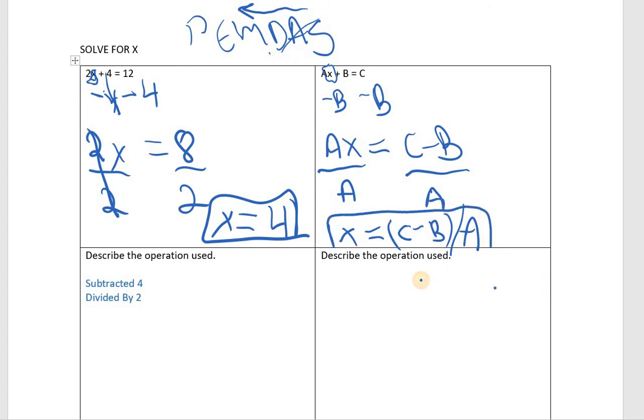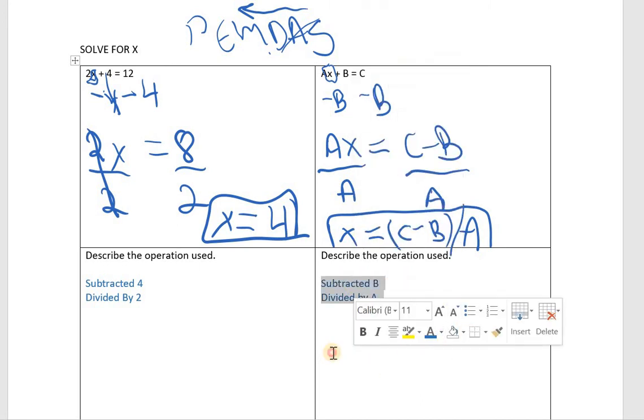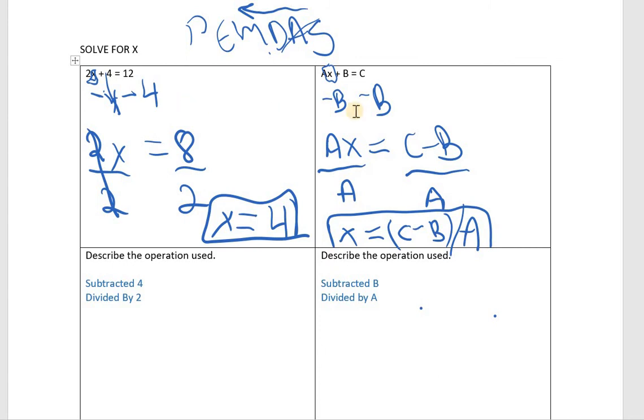And now we're going to write that in here. So I'm looking at my steps here. What I did was I subtracted B, and then I divided by A. So notice how it's so similar.